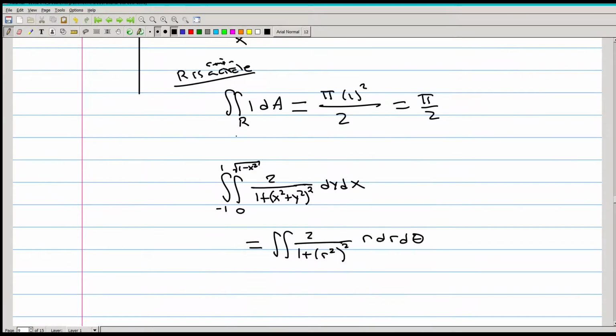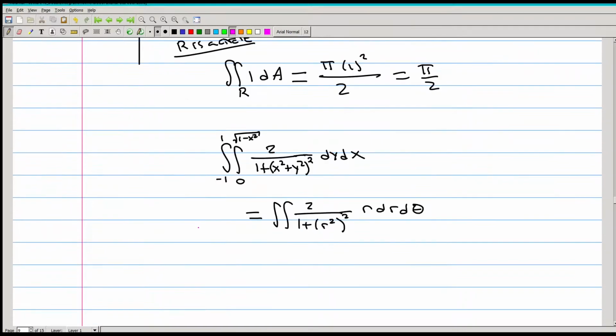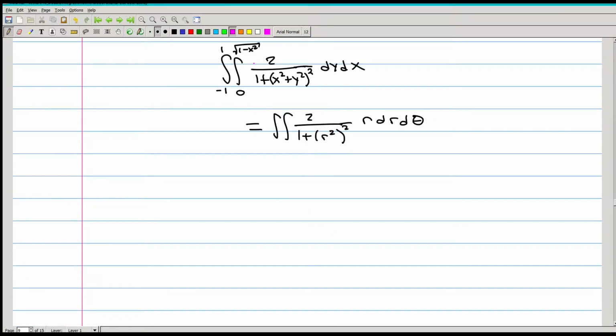These are the bounds for this region right here in Cartesian coordinates, because we're going from -1 to 1, and then 0 up to the curve y equals the square root of 1 minus x squared. So these are the correct bounds in Cartesian coordinates, but it's much easier in polar coordinates, both to do this integral and also to re-express the bounds.